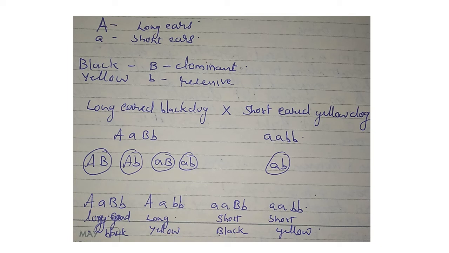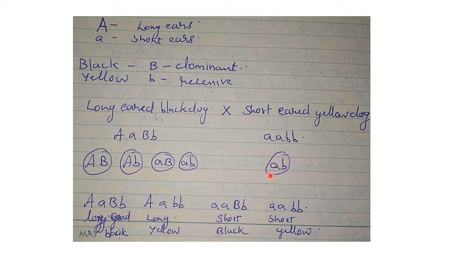So, A is long ears and small a is short ears. Capital B is black and it is dominant, and small b is yellow color and it is recessive. So a cross is made between a long-eared black dog and a short-eared yellow dog. So these are the gametes that are obtained, and upon crossing AB to ab you will get capital A small a, capital B small b.